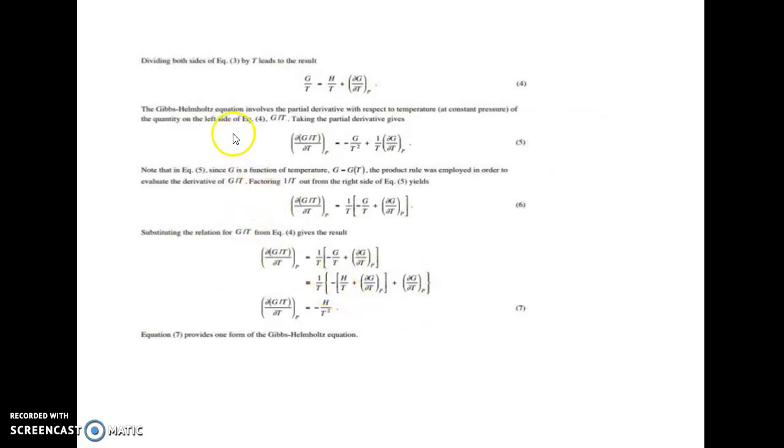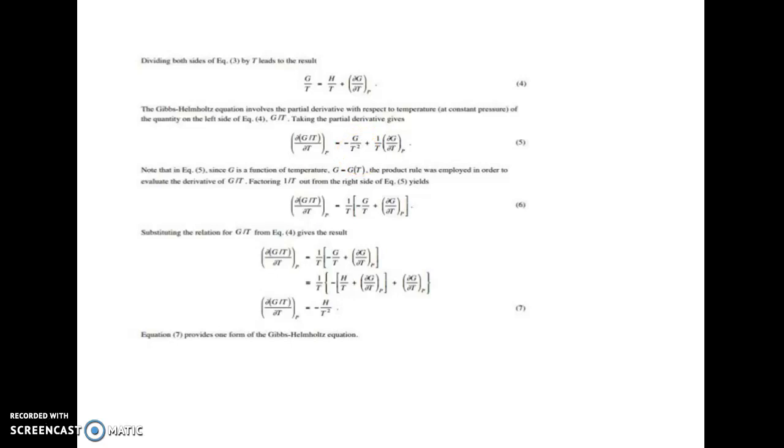So this equation involves the partial derivative with respect to temperature of the quantity on the left side. If you take the partial derivative of the left hand side, it will become d(G/T)/dT at P, which will be equal to minus G upon T square.